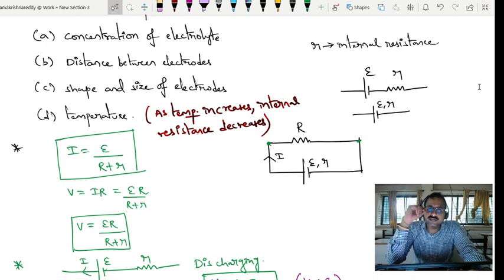It is directly proportional to the concentration, inversely proportional to T, because temperature increasing, internal resistance decreasing there.